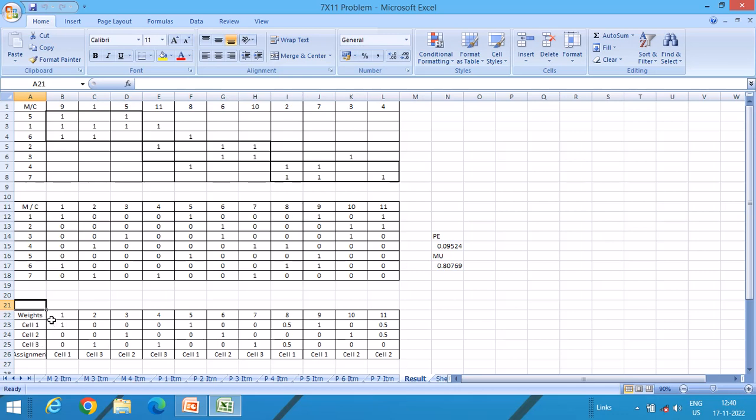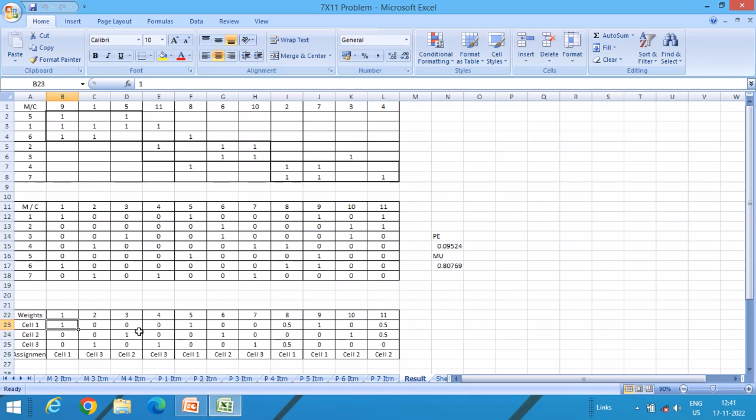So I am finding out weights for each part in the respective cells, cell 1, cell 2, cell 3. For each of the parts, I am calculating the weights. So for the first part, in the first cell, it is having all the operations. So that's why I am assigning the weight 1.